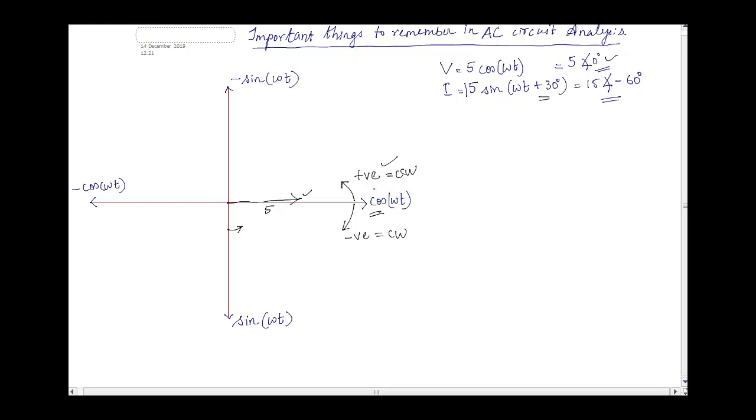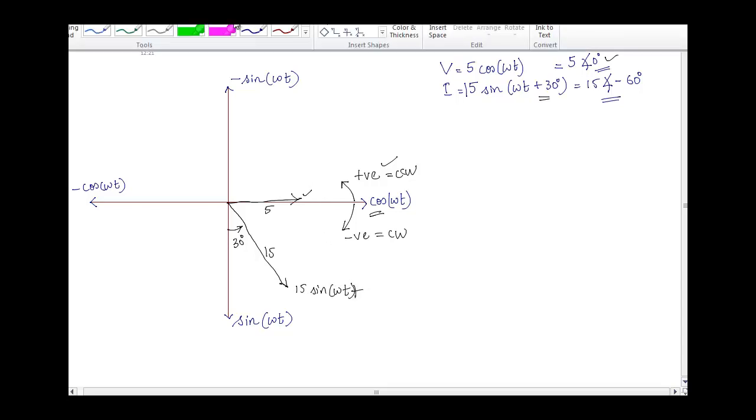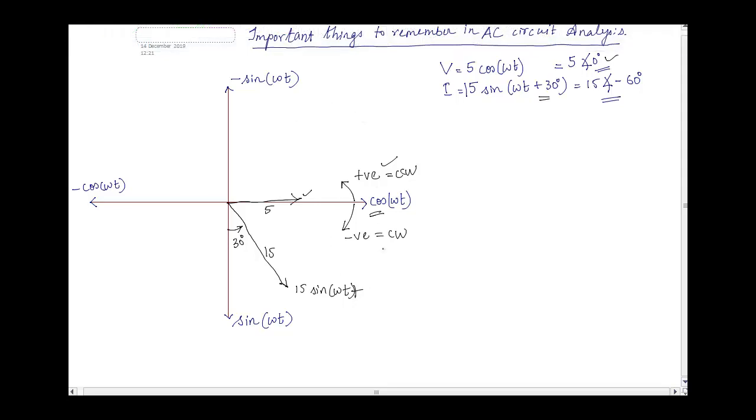So positive is always counterclockwise direction, so I'm going to take counterclockwise direction. I have to take 30 degrees. And then I will draw this one which is having a length of 15. So this will be 15 sine omega t plus 30.